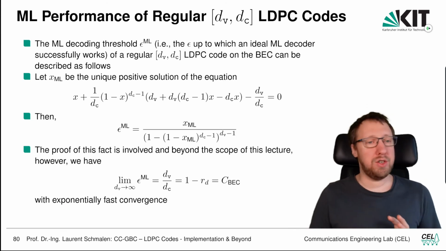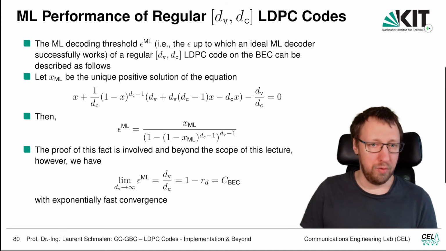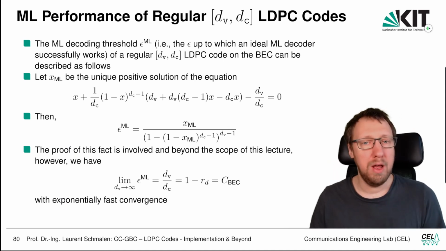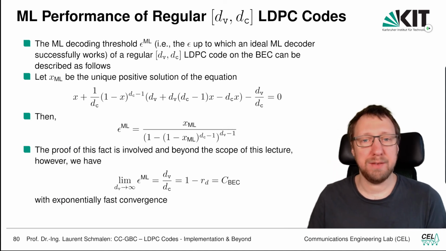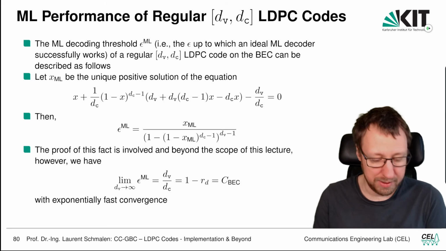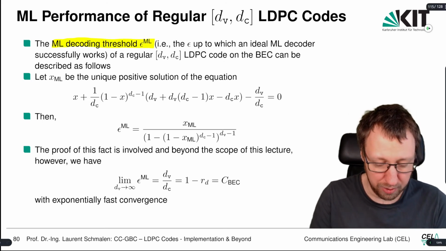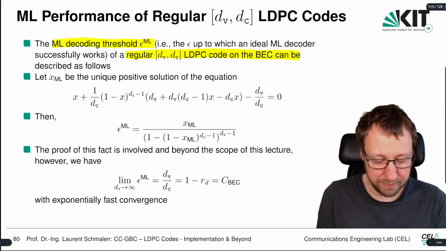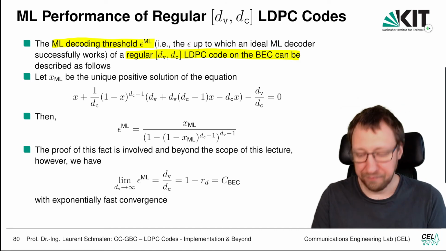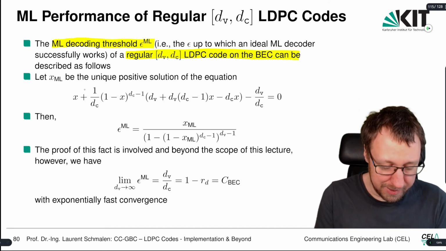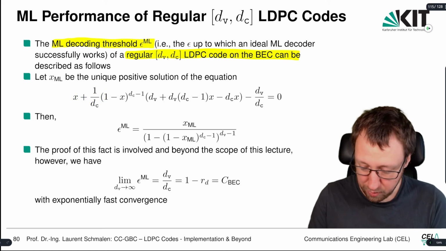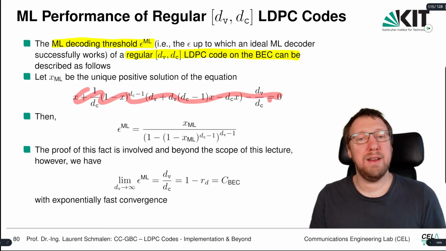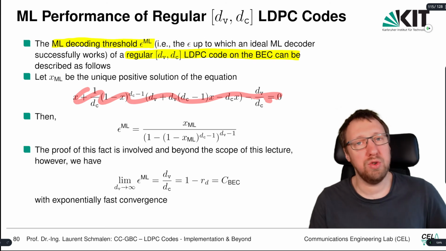So let's take a look at what the maximum likelihood decoding performance is. This is something that we can actually calculate. We'll not prove this; it is a little bit beyond what we are doing now, but we can calculate this for the binary erasure channel. So the ML decoding threshold of a regular SC-LDPC code can be described as follows. We have this big equation, a polynomial equation, and we need to find the unique positive solution of this equation.